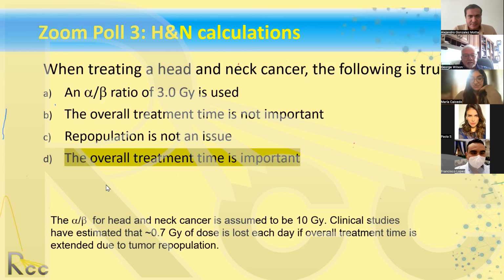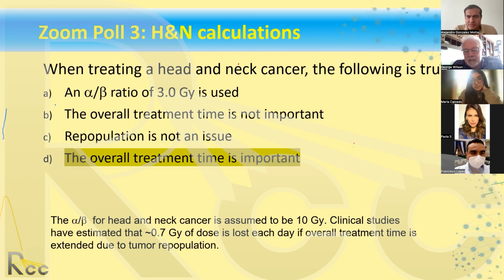Here we go. So the answer is D, which the majority of people were correct this time, which was great. I'm sure that some of the people who got it wrong is probably due to my translation or something I've said. But we would normally, as we said a few times in the lecture, assume the alpha beta for head and neck to be around 10 gray, a rapidly proliferating tumor.